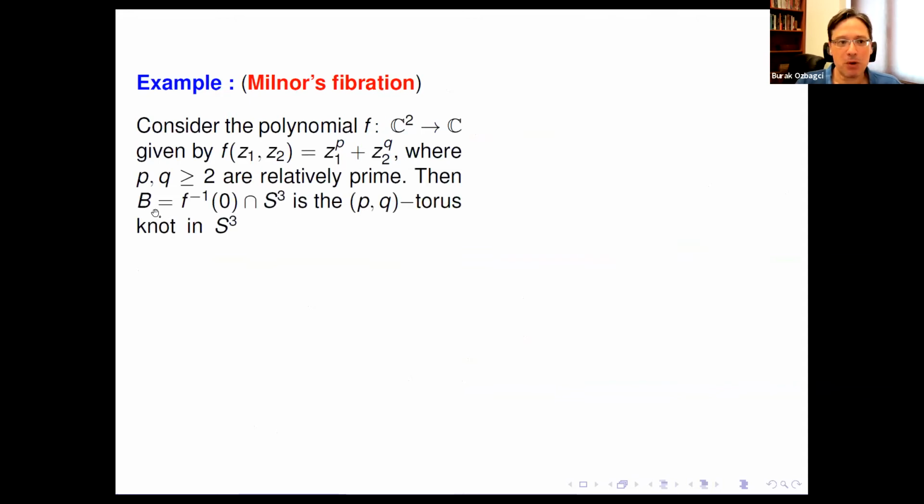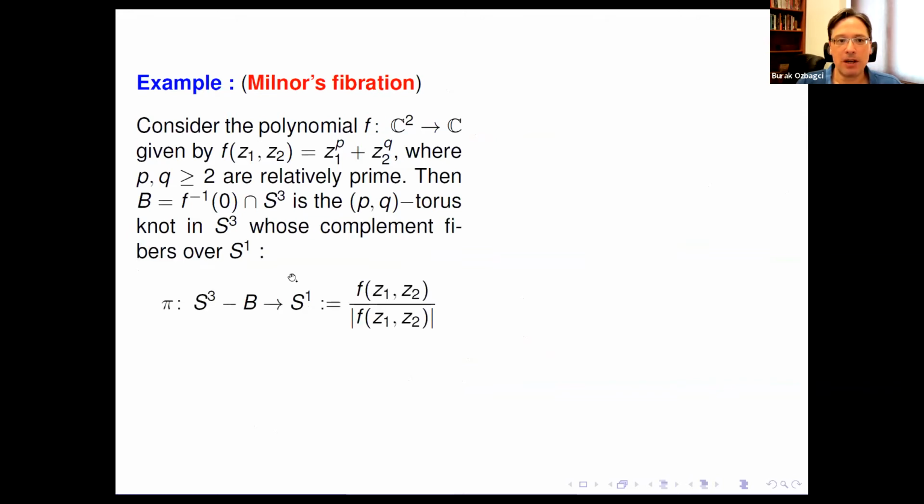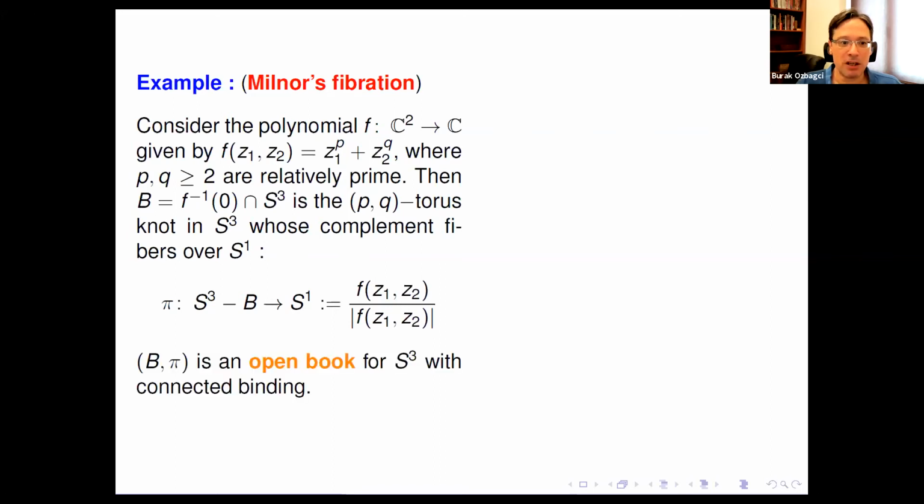Then B, which is f inverse of 0 intersected with the unit sphere in C2, is the (p,q) torus knot in S3, whose complement fibers over the circle. The fibration is f divided by the norm of f. It's a unit complex number, and the fact that this is a fibration is a theorem of Milnor in much more generality. So B, pi here is an open book for S3 with connected binding.